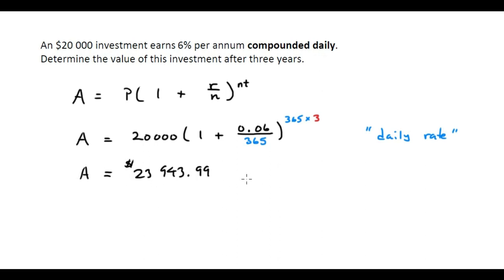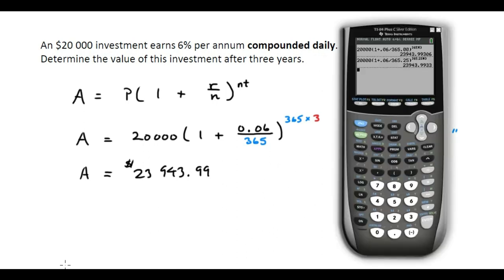And you might have the impression that if we keep increasing the compounding and shrinking the amount of the interest period, that we're going to keep getting more and more money. And if you want to play around with your calculator, and I will do it once for you, you can actually see that by reusing this and of course bumping this to, let's just go with 1,000.